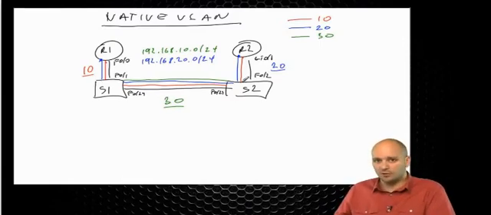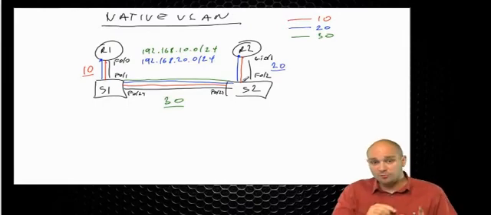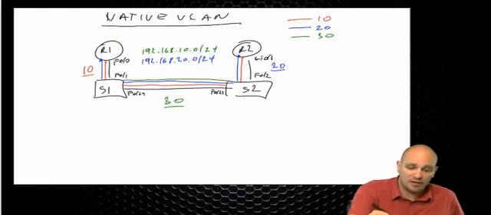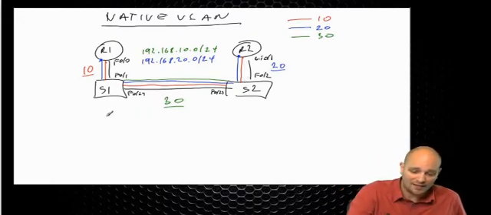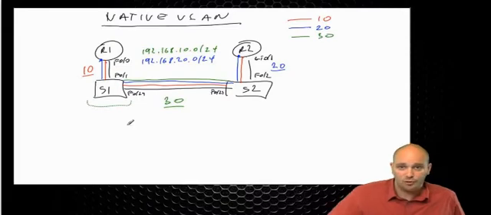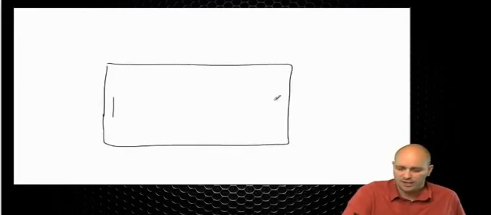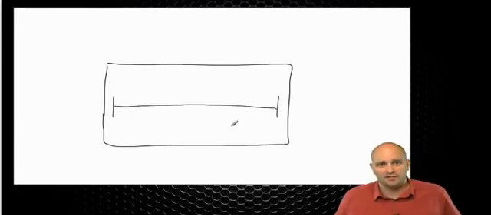But going back to the native VLAN, this works like a charm and is actually a legitimate setup. So in order to explain why it works, I'm going to zoom in on switch 1 for just a little bit. Let's say that switch 1 here is a very, very silly switch that has a very simple backplane that operates like a bus.